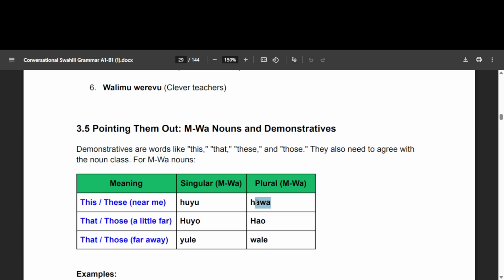I can touch them. Then we have a little far. A little far in this case is that maybe you are in one room and something is at the corner of that room. Your hand cannot reach. You say huyo, that. And if many, we say hao, those.